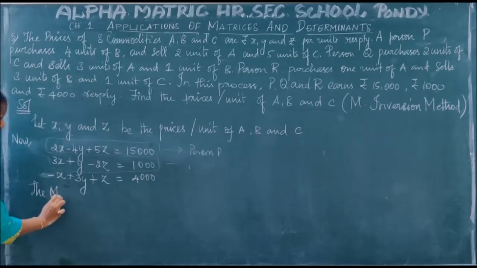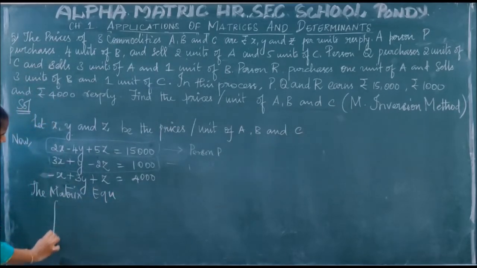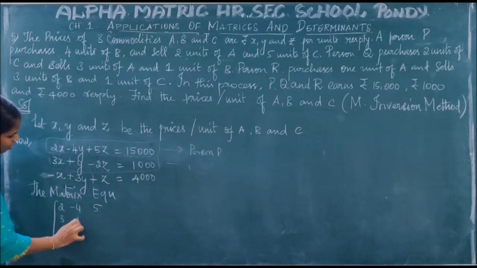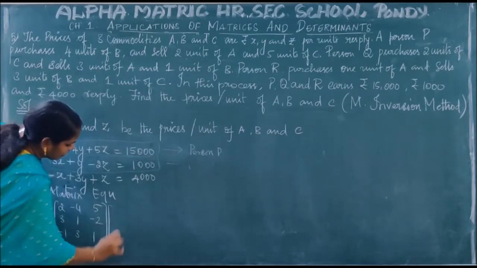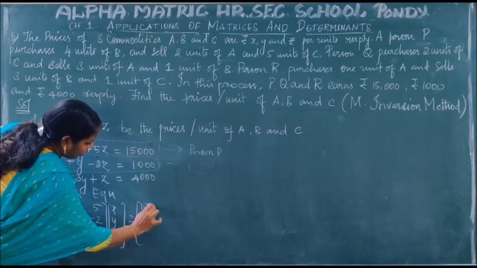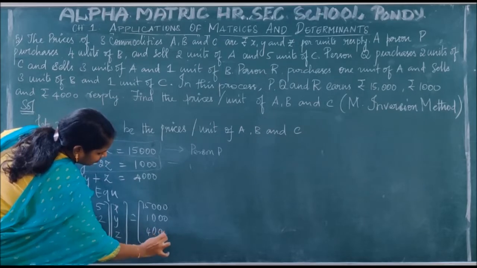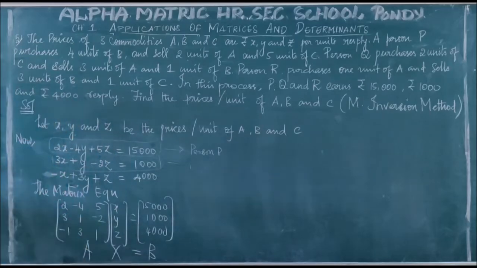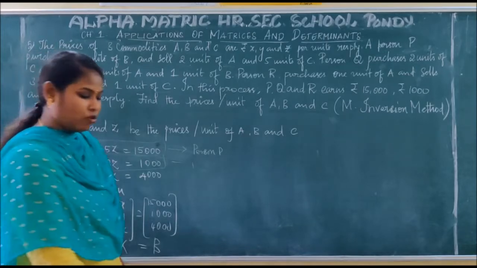The matrix equation is: the matrix with rows 2, minus 4, 5; 3, 1, minus 2; minus 1, 3, 1, multiplied by x, y, z, equal to 15,000, 1,000, 4,000. This is our AX equal to B. So we have got the matrix equation. Now we have to find the value of the X matrix.